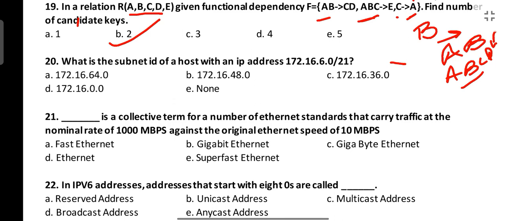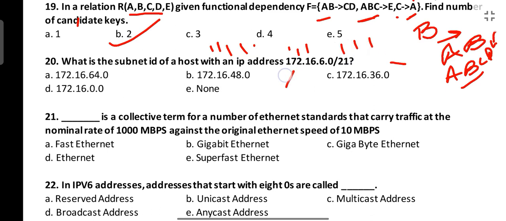Next is: what is the subnet ID of a host with this IP address? Okay, what does this slash 21 mean? It means the subnet mask has 21 ones. These are 4 octets. So 21 means 8 ones, then 8 ones, then in the third octet we will have 5 ones.